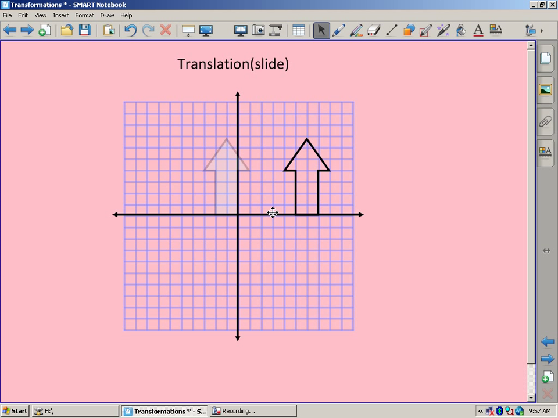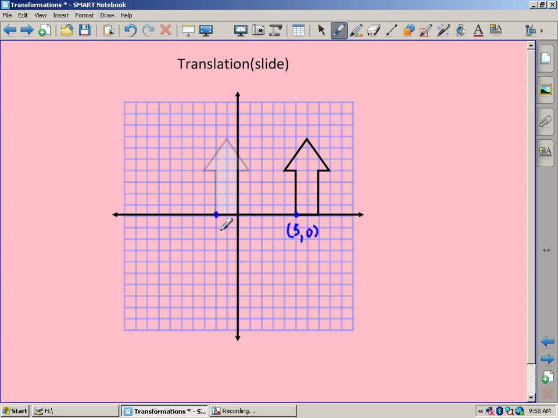You may notice that if I pick this point right here as one of my x values, it is 1, 2, 3, 4, 5 over and 0 up. With this slide, that point is now over here, so it is 1, 2, 3, 4, 5, 6, 7 back.